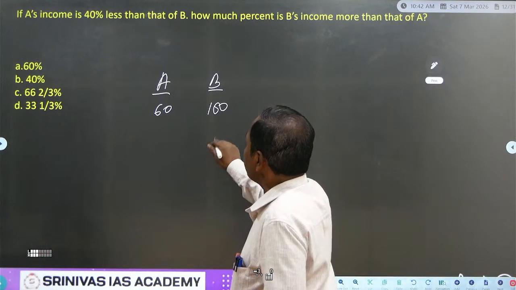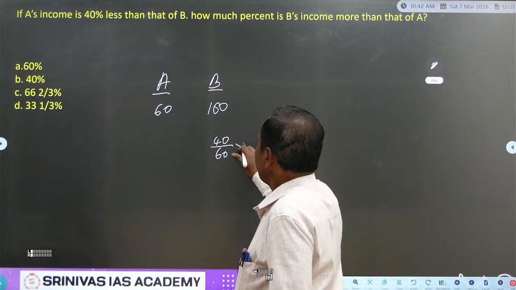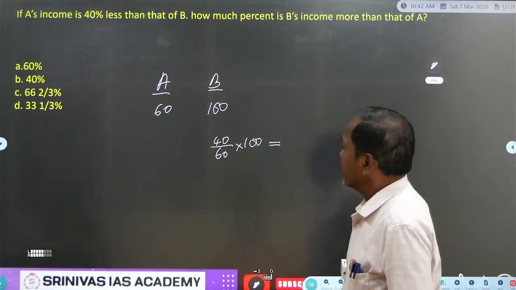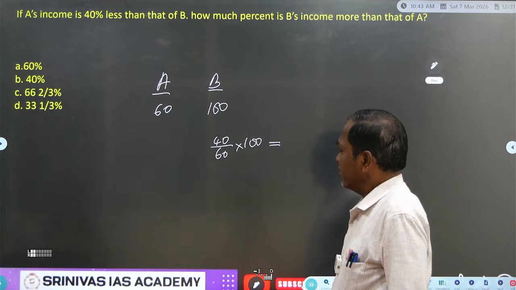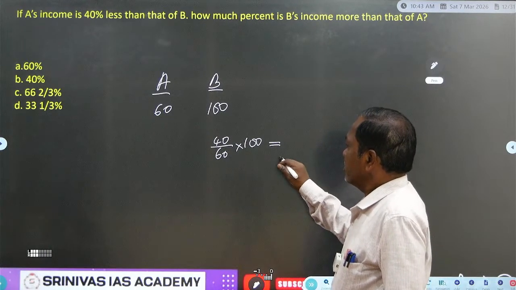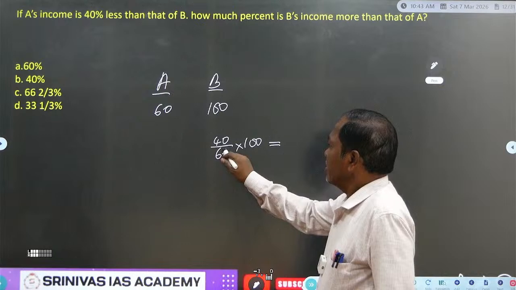How much percent is B's income more than that of A? How much more is this? 40. 40 by 60 multiplied by 100 is what? The zeros get cancelled. 2 2s are 2, 3s. 66, yes, 33, I think. 2 by 3, 66 2 by 3.